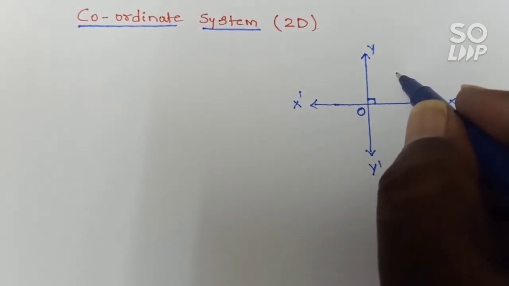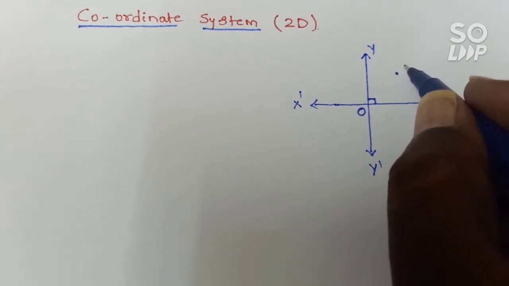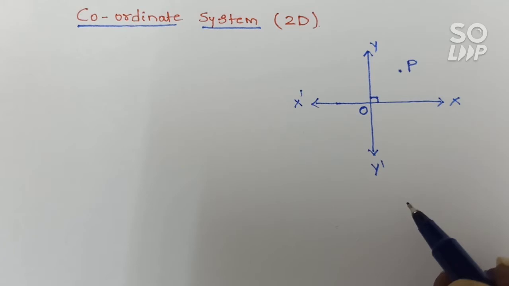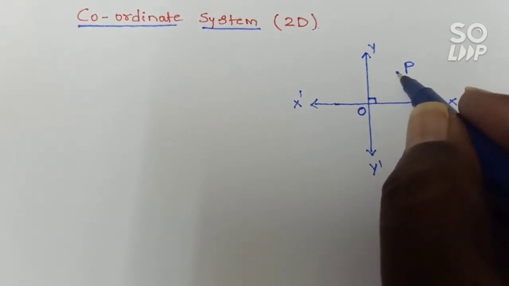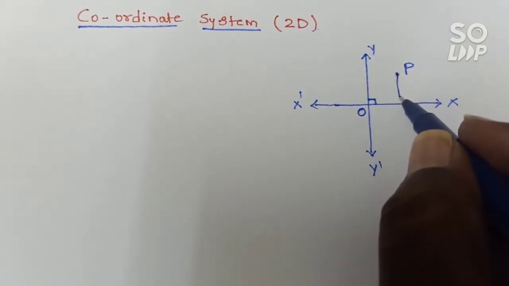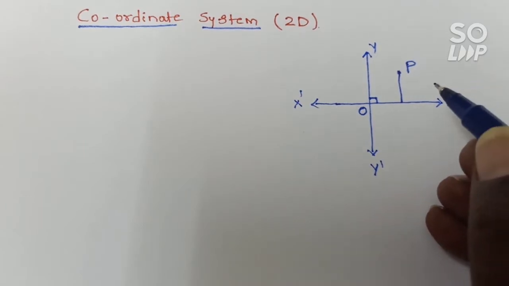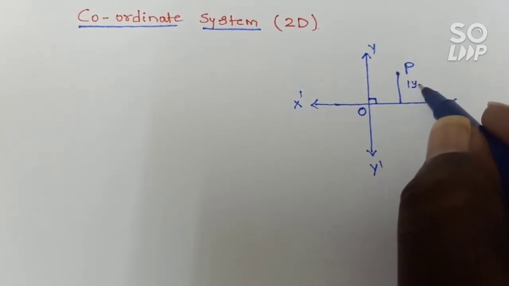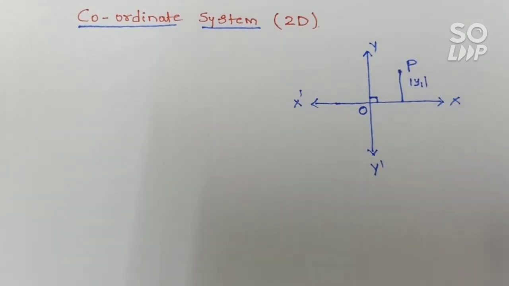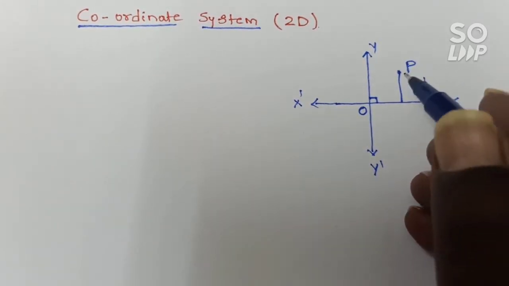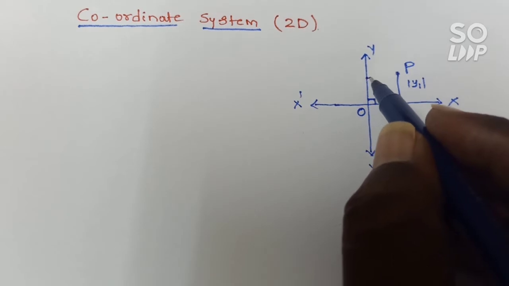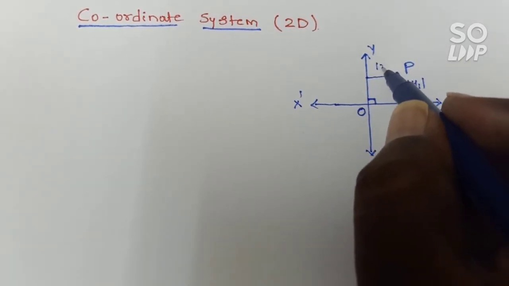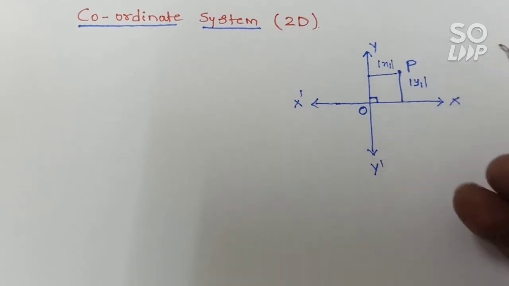Let us take a point. Let capital P be a point in that plane, such that the distance from the x-axis is denoted by modulus of y1, and the distance from the y-axis is denoted by modulus of x1.